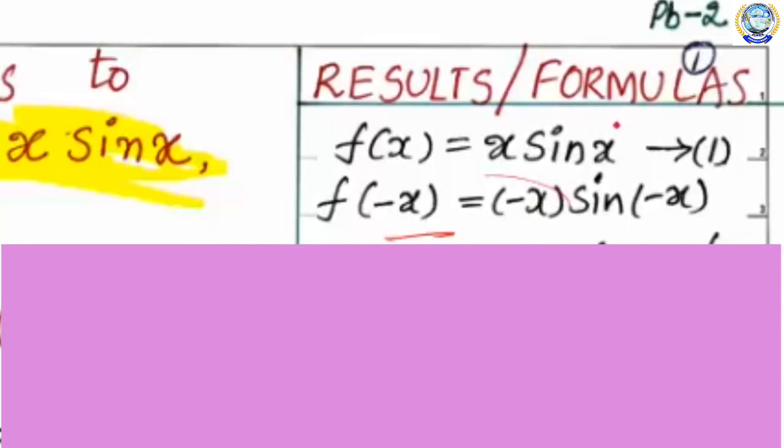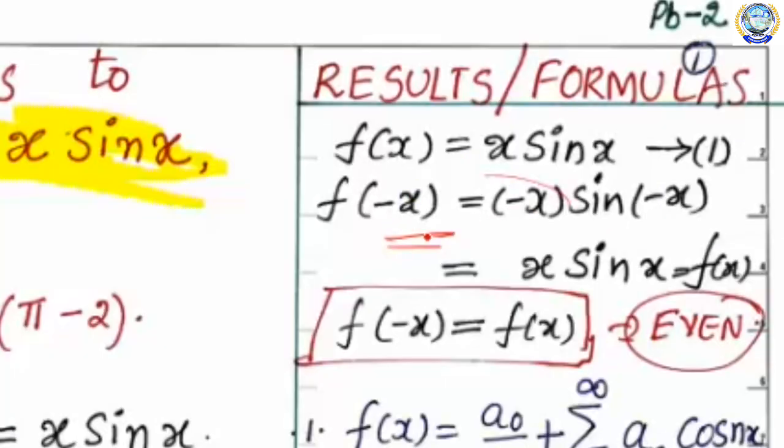Here, put x equals minus x. We get minus x sine of minus x, nothing but x sine x, which is our given function f of x. So what we got? We got f of minus x equals f of x. Nothing but an even function.